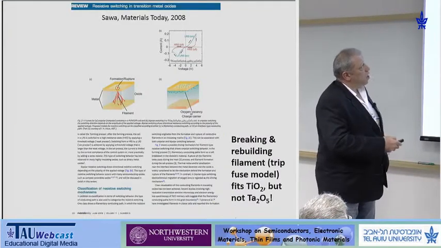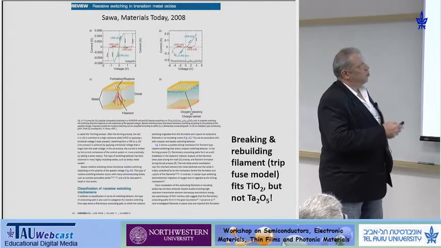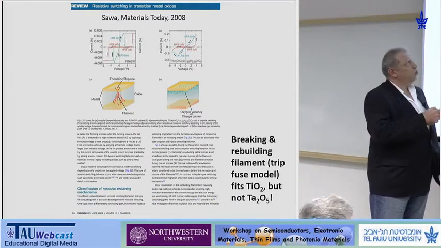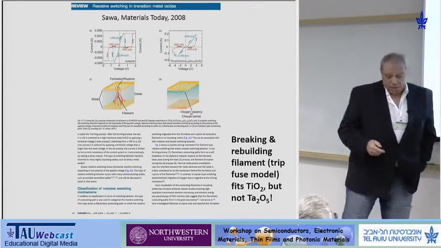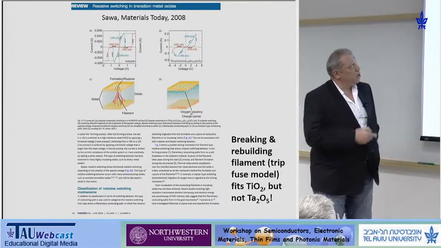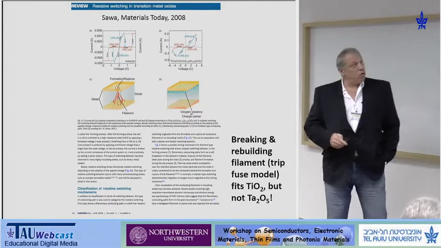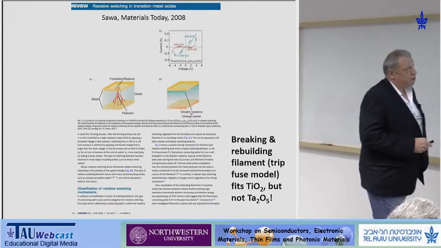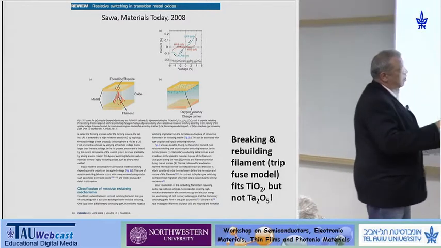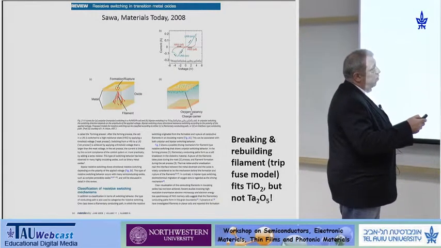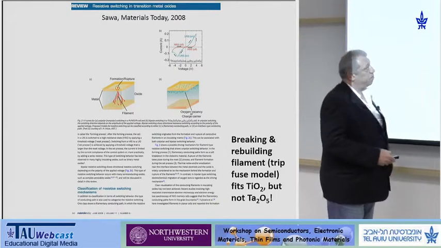Now, there are two types of switching, the non-polar switching or monopolar switching and the bipolar switching. In monopolar, we don't need to switch the polarity, just the magnitude of the bias. But I don't want to talk about this today. Today I want to talk about bipolar switching, where to get from the on state to off state, we need to switch polarity.